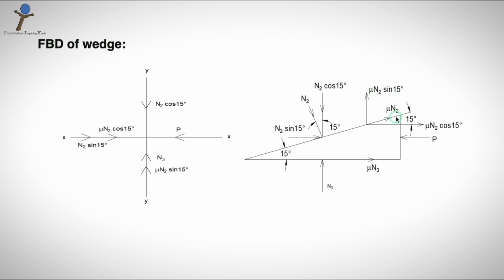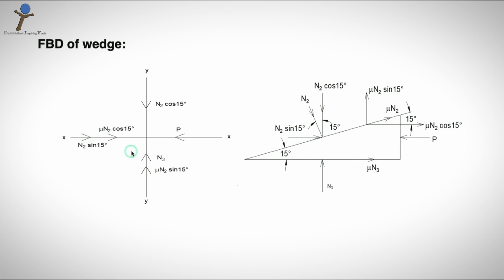So when you resolve, you get mu N2 cos 15, mu N2 sin 15. Similarly here, N2 cos 15 and N2 sin 15. Put all these reaction forces and external forces onto an xy plane this way and apply the equilibrium conditions of sigma Fx equal to 0 and sigma Fy equal to 0.